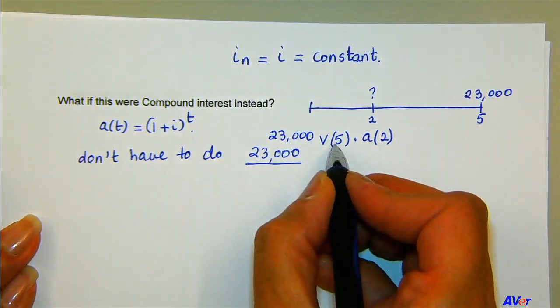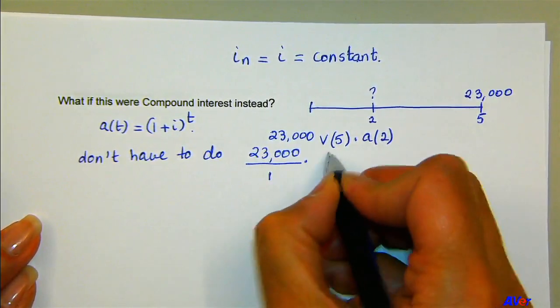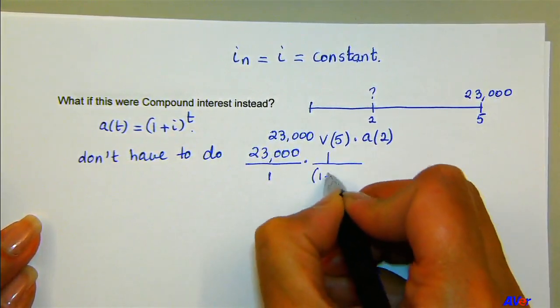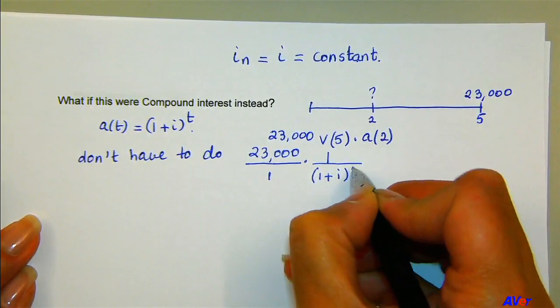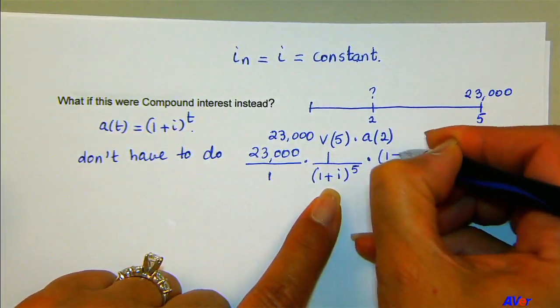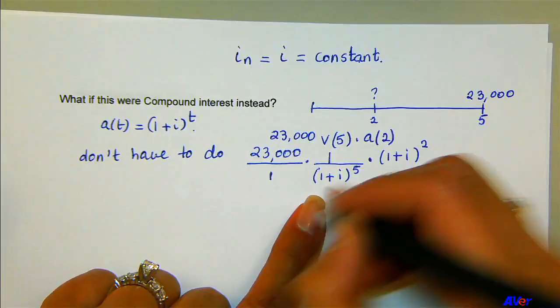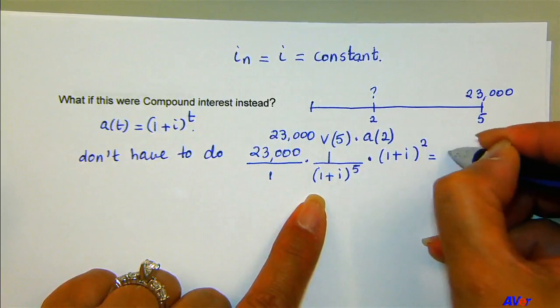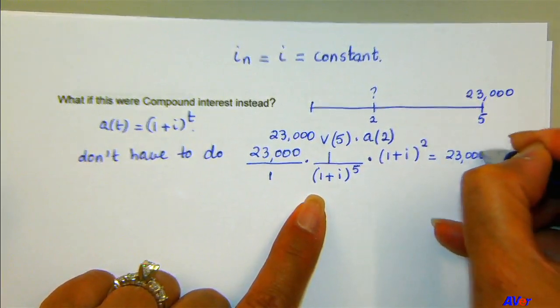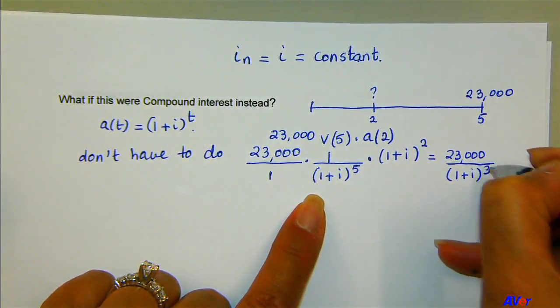V of 5 is 1 over A of 5, which is 1 over 1 plus i to the 5. I'm dividing, right? Times 1 plus i to the 2. Because all this cancels, I get 23,000 over 1 plus i to the 3rd power.